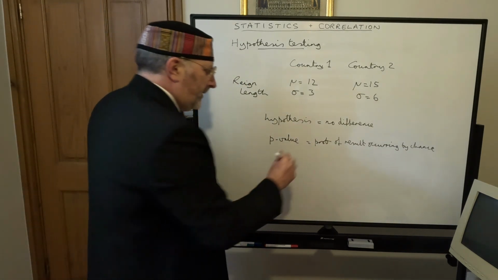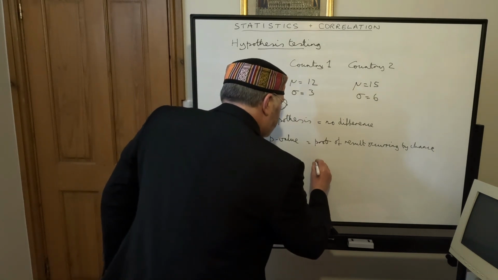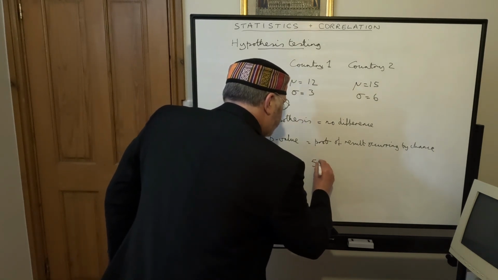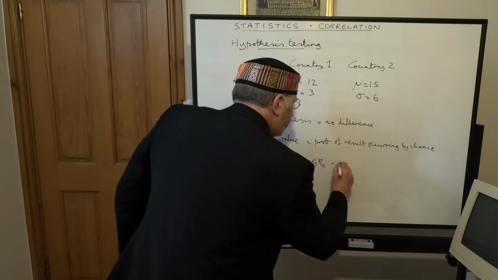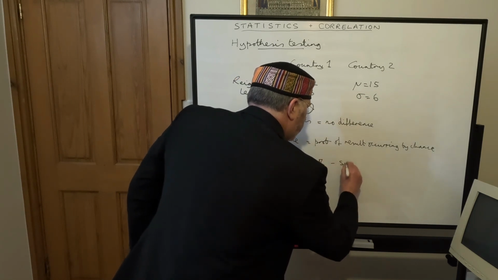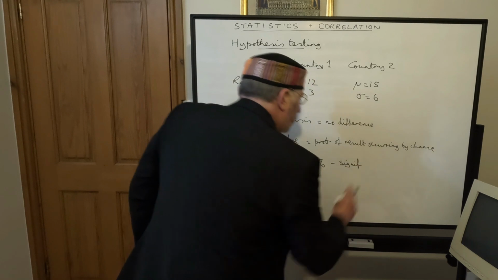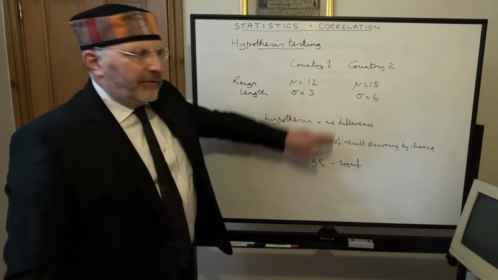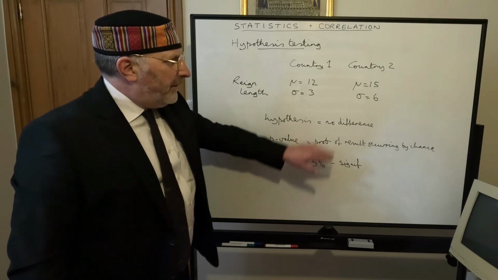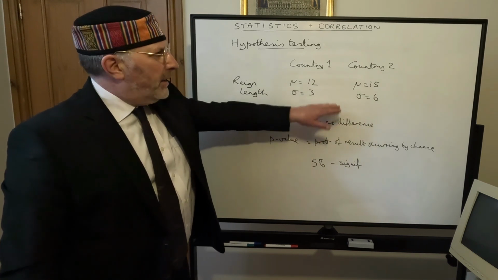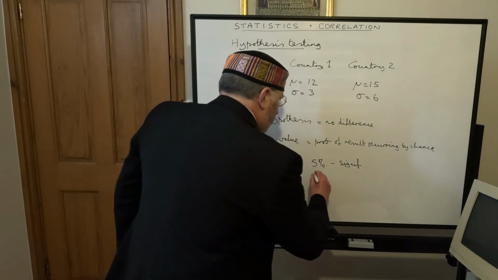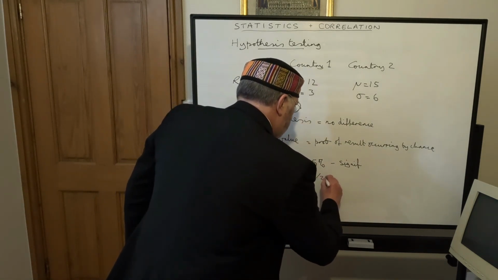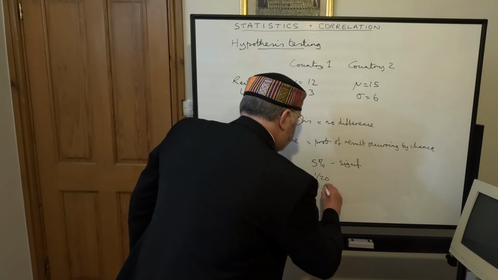And typically 5% is considered significant. So if the probability of this occurring is 5% or less, then it would be considered significant. 5%, so that's 1 in 20, or also a probability of 0.05.